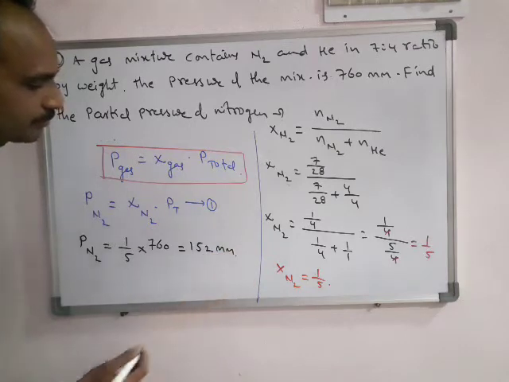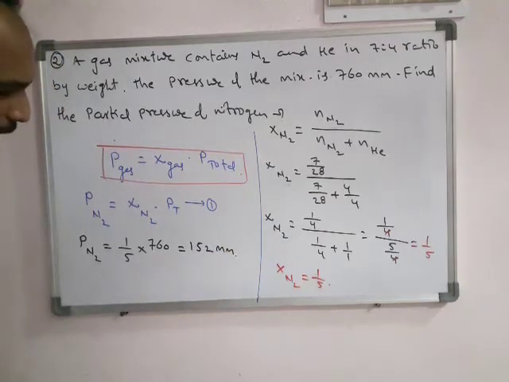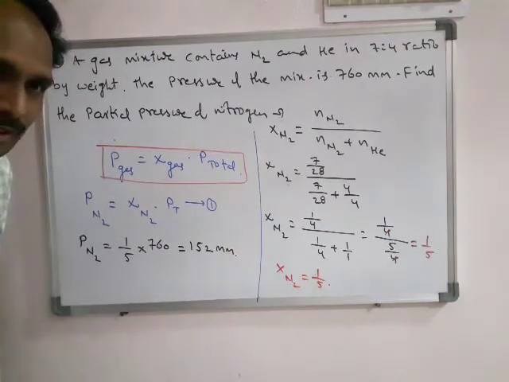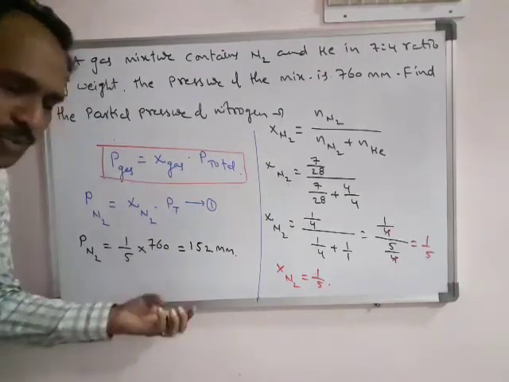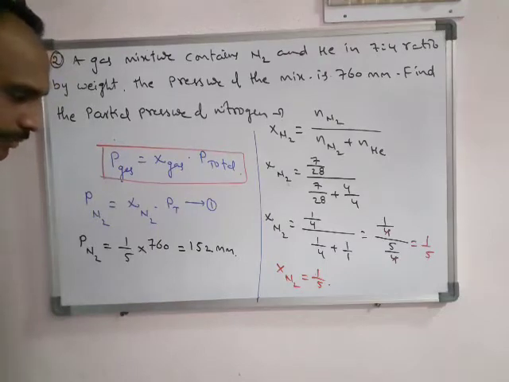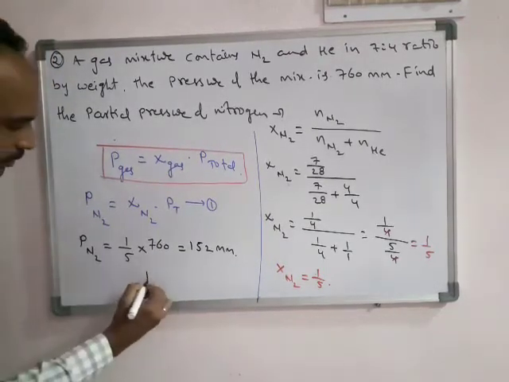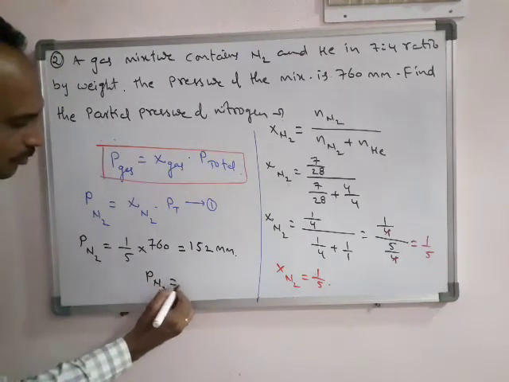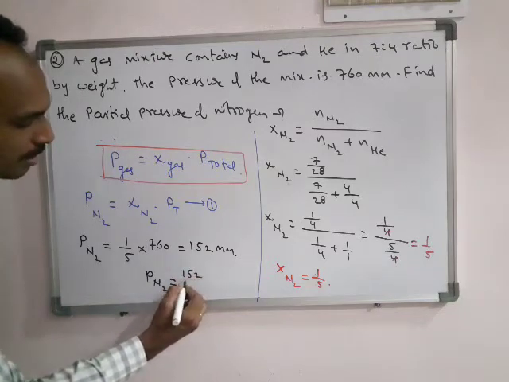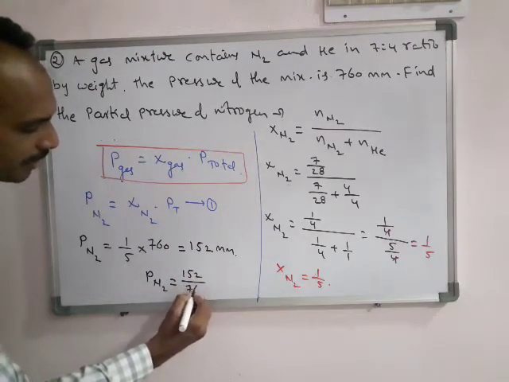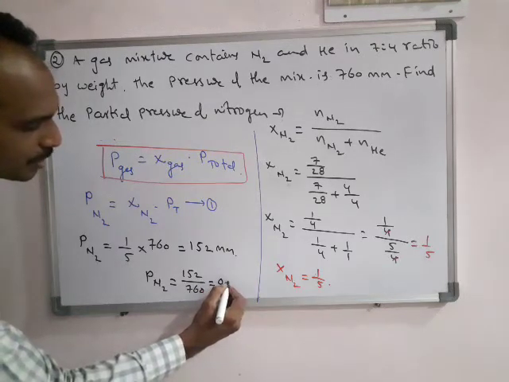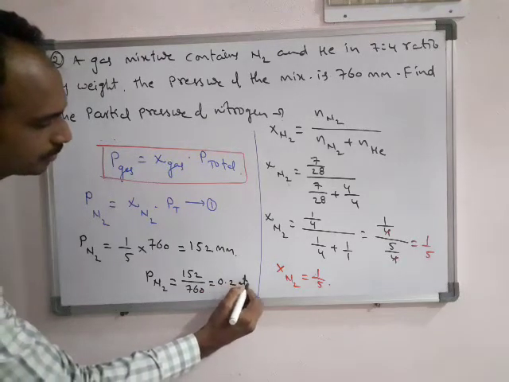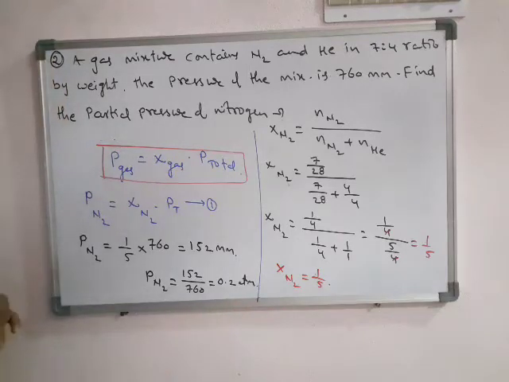Sometimes it may be asked in terms of atmosphere, so then we need to convert it into atmosphere, or into centimeters. For example, if here we want to convert into atmosphere, dividing by 760 we will get approximately 0.2 atmospheres.